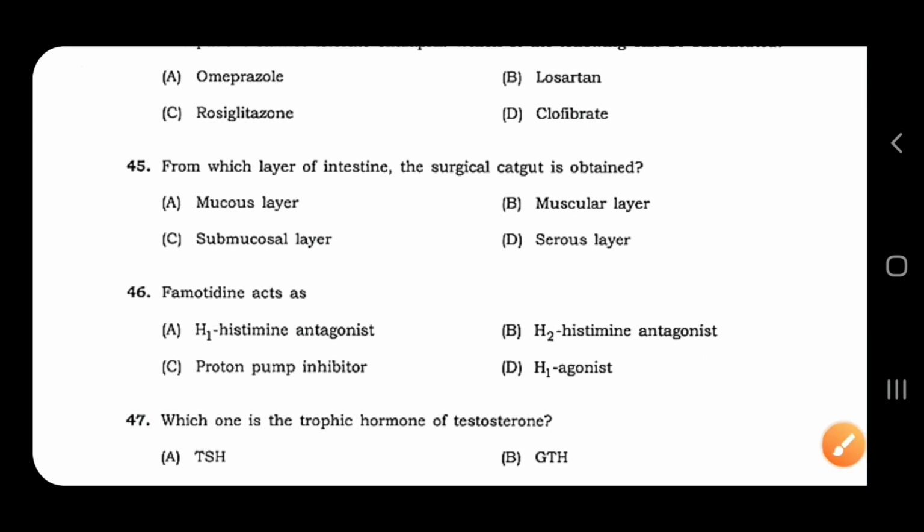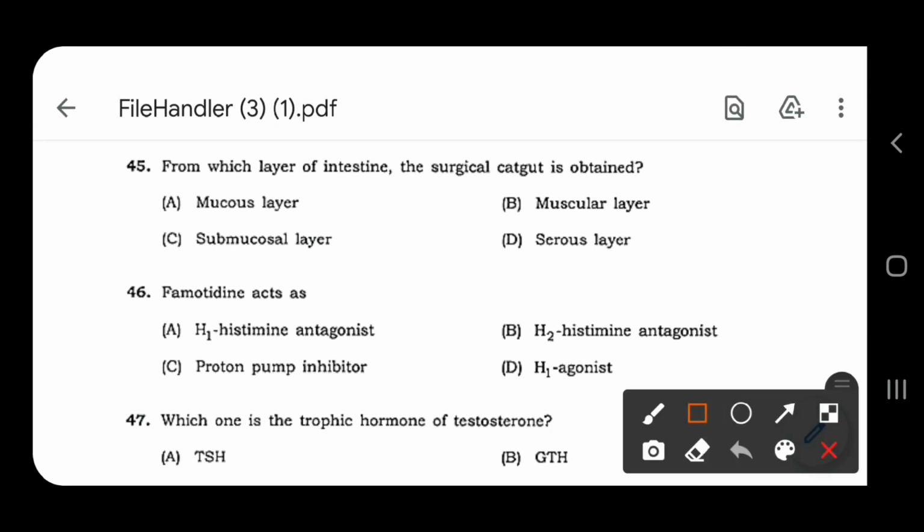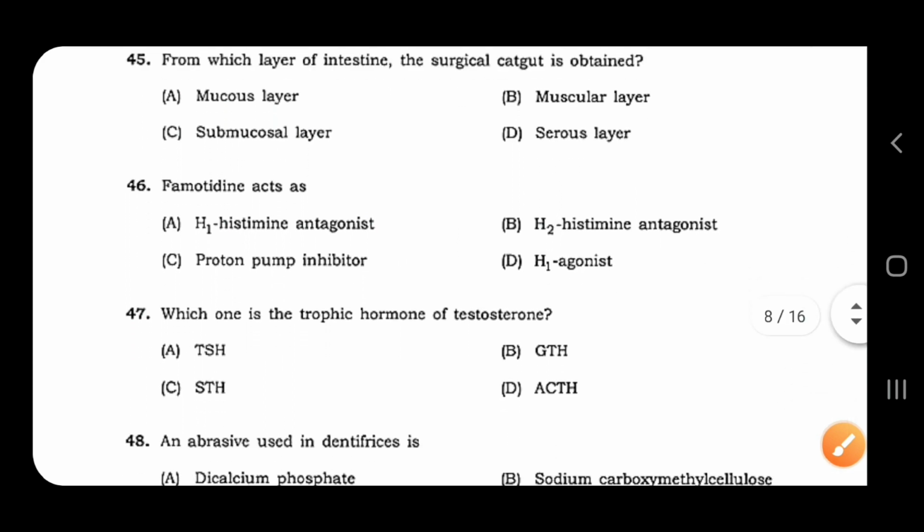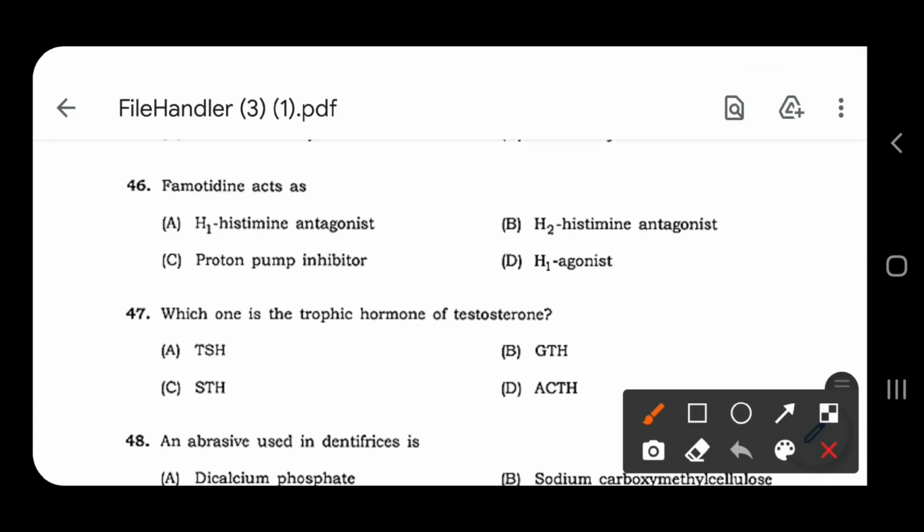Here the correct answer is submucosal layer, that is option C. Next is question number 46. Famotidine acts as H1 histamine antagonist, H2 histamine antagonist, proton pump inhibitor, H1 agonist. Here the correct answer is H2 histamine antagonist.